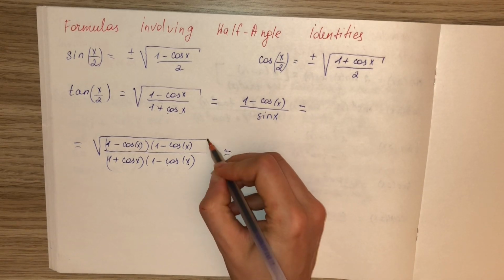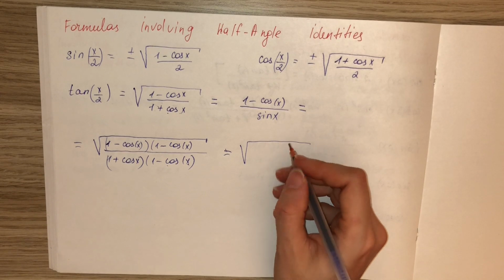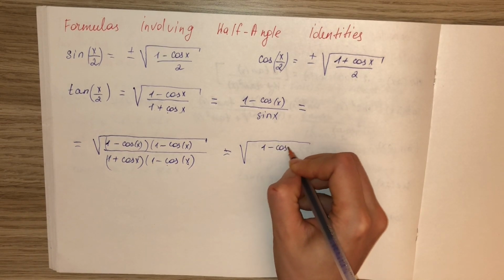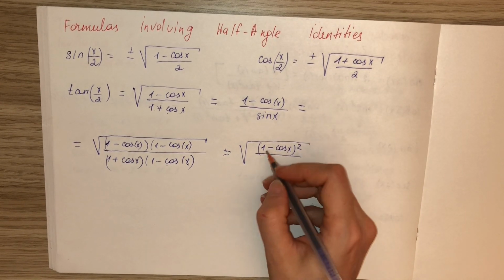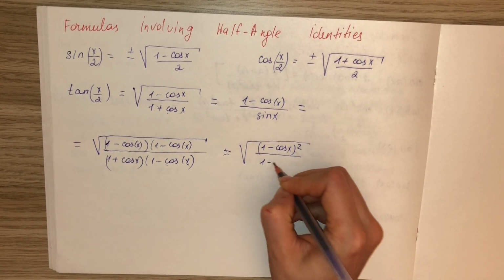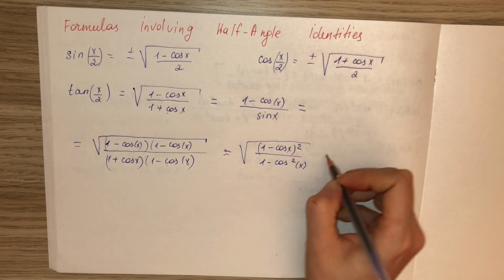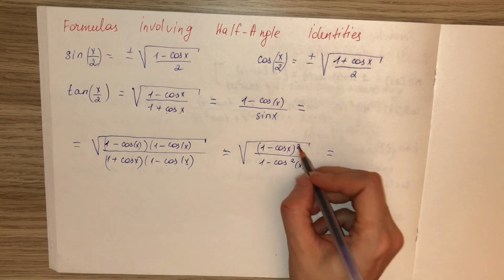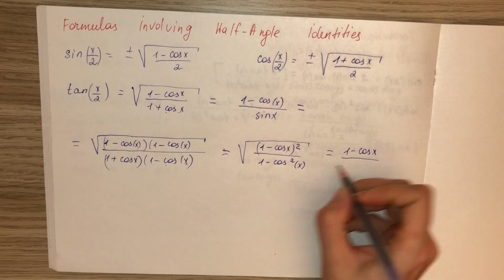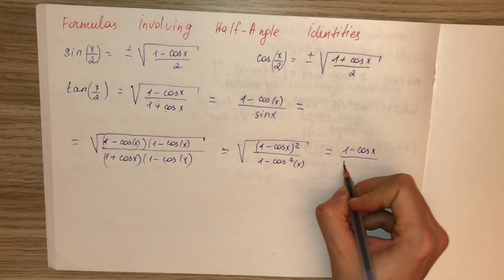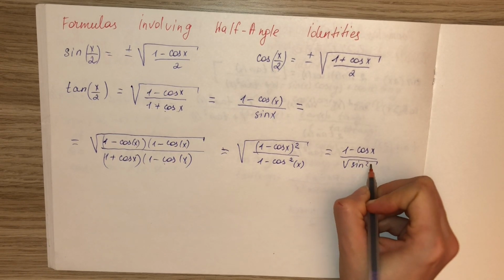So we get the square root of 1 minus cosine x squared, and in the denominator we get 1 minus cosine square x. From the numerator we get 1 minus cosine x, and from the denominator, this is the square root of sine square x.